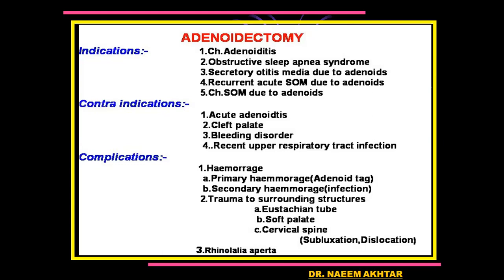Then, during adenoidectomy, the surgeon may cause trauma to the surrounding structures, for example, trauma to the eustachian tube and the soft palate, and sometimes the cervical spine may be injured, leading to subluxation or dislocation of the atlantoaxial joint. Then rhinolalia aperta may sometimes result due to adenoidectomy.